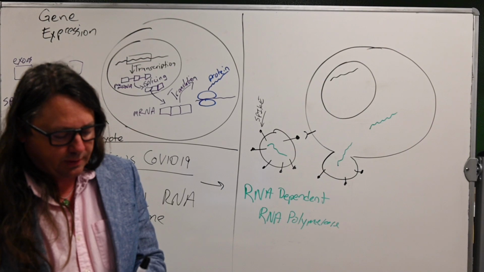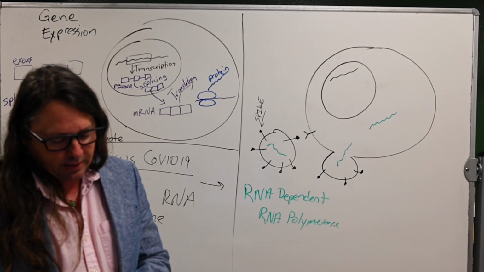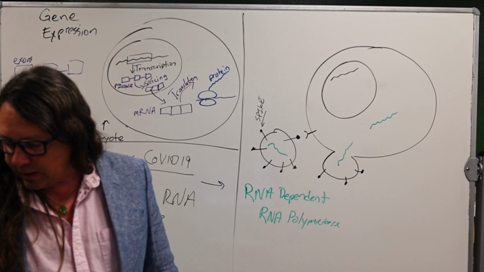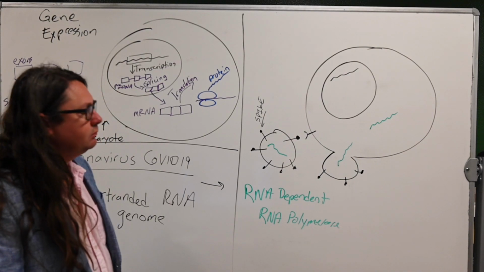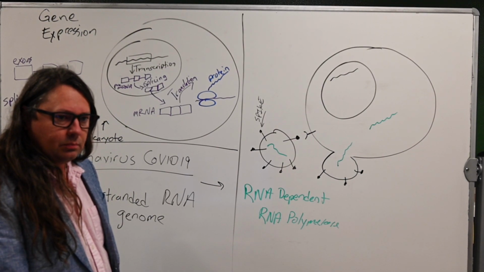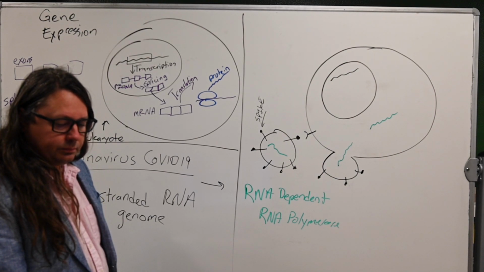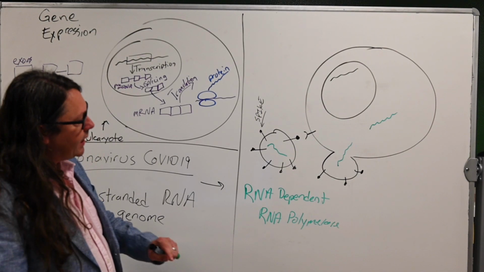What does an RNA-dependent RNA polymerase do? Anybody want to guess? Or does anybody know? Is it extracting RNA to DNA? Not quite.